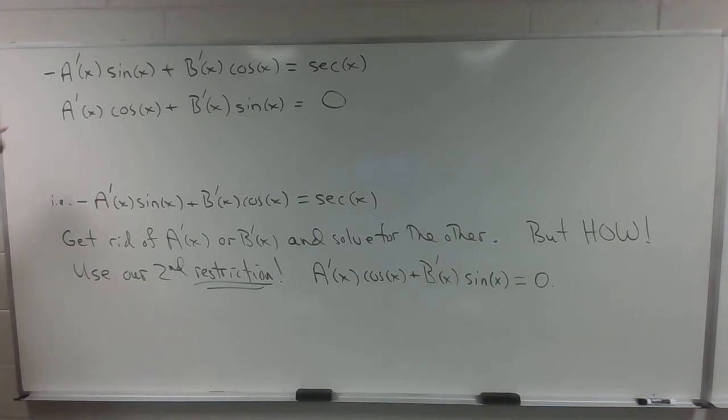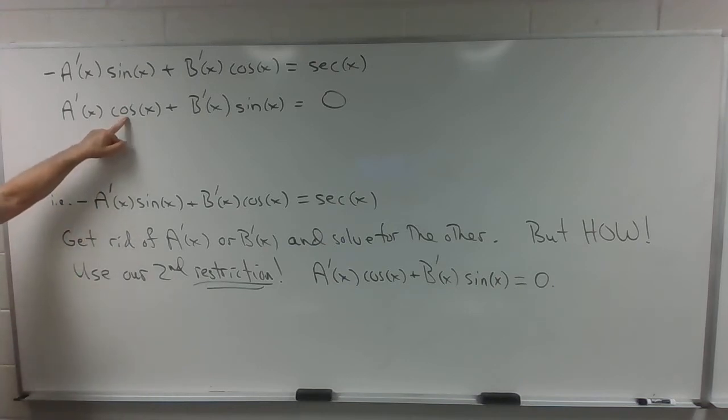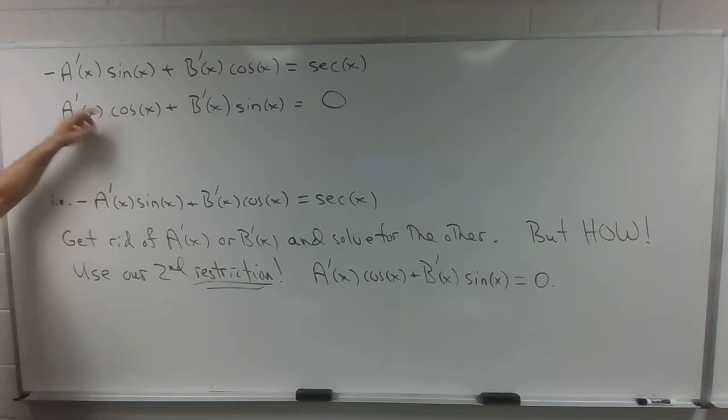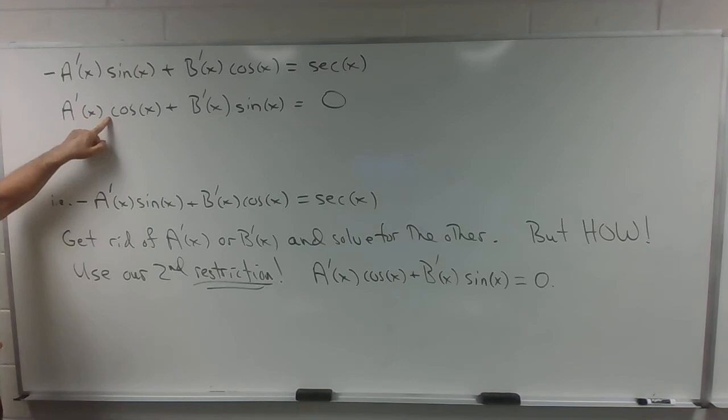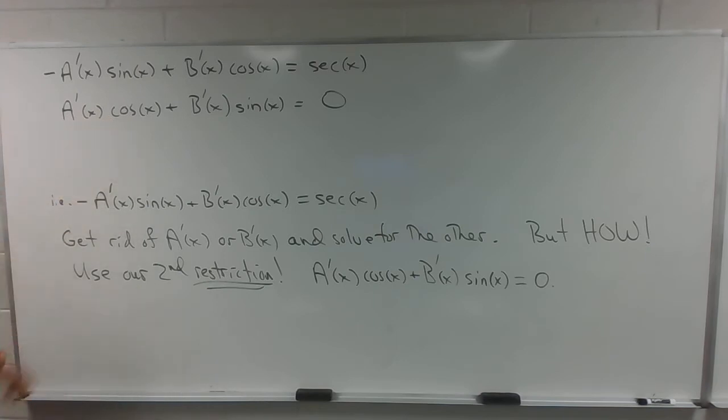And I see negative a prime of x here and positive a prime of x here. And I'm thinking to myself, it sure would be nice if this were a sine of x instead of a cosine of x. Then I'd just add these two equations together and these terms would knock each other out. They'd cancel each other.